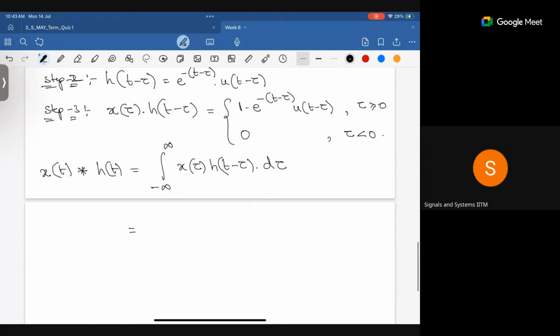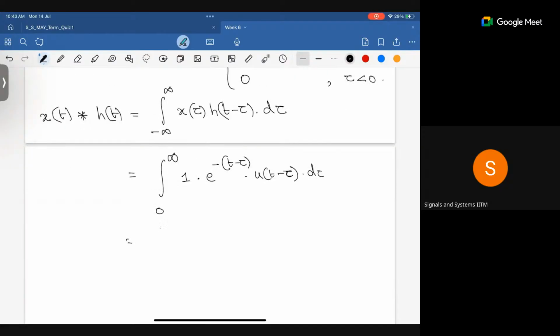So this will be integrated from 0 to infinity, because when tau is less than 0, x of tau is 0, so the integral evaluates to 0. So we can ignore that. The only part left is from 0 to infinity, where x of tau will be 1. h of t minus tau is e power minus of t minus tau into u of t minus tau, d tau.